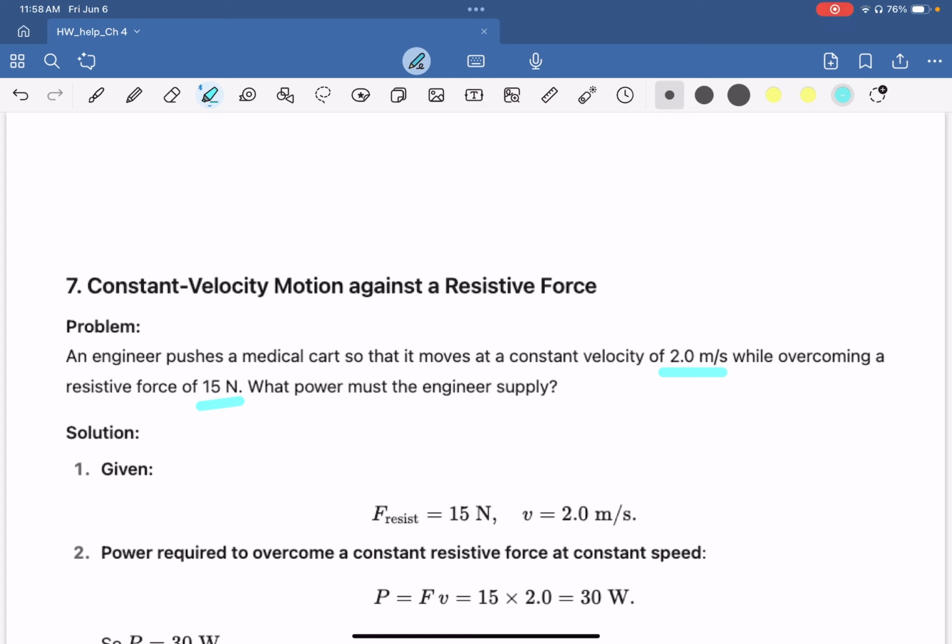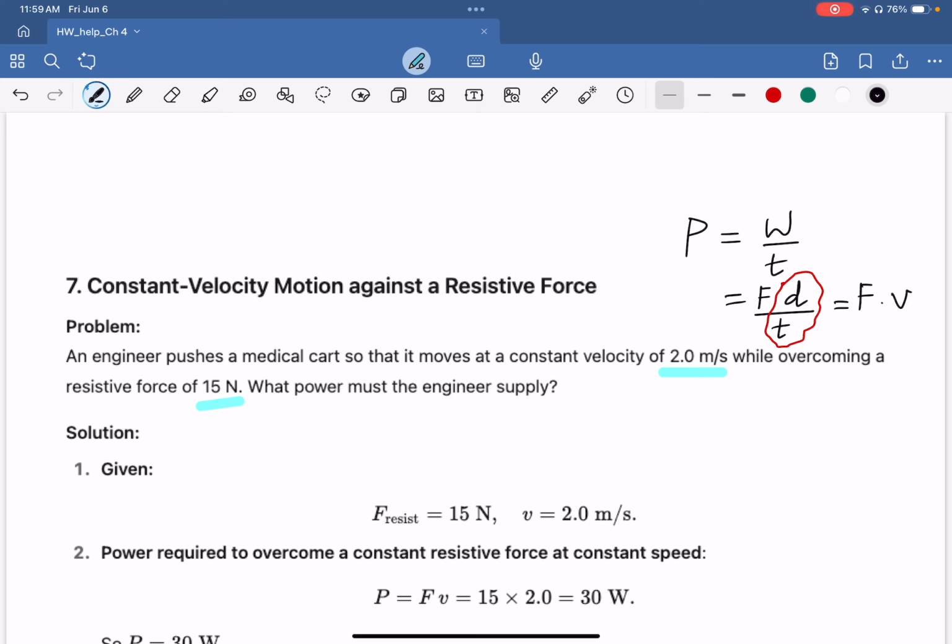Let me show you something. It's going to be a new formula, but I want to bring it out. So power is actually work over time. But remember that work is force times distance. So now we got that over time. And if you take distance over time, then what do you get? You get velocity. So we have a new formula now.